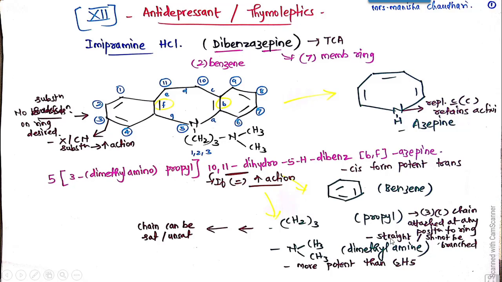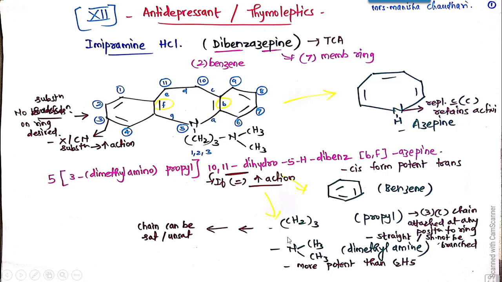It can be straight or branched, but a straight chain is desired instead of a branched chain. This propyl chain can be saturated or unsaturated, but it should not be branched. So the criterion is a minimum 3 carbon distance, which can be saturated or unsaturated, but not branched, for the activity to be retained.